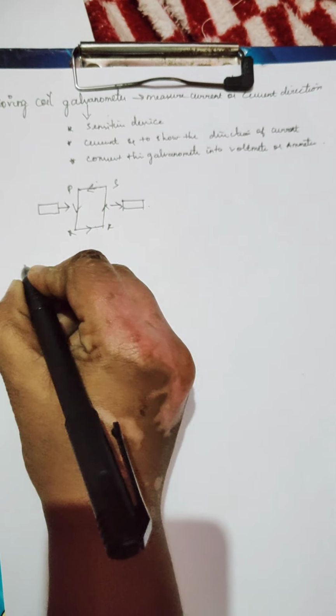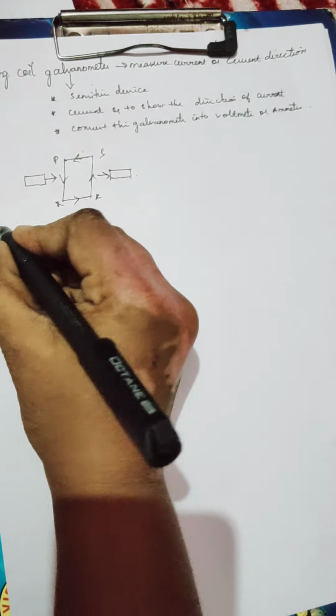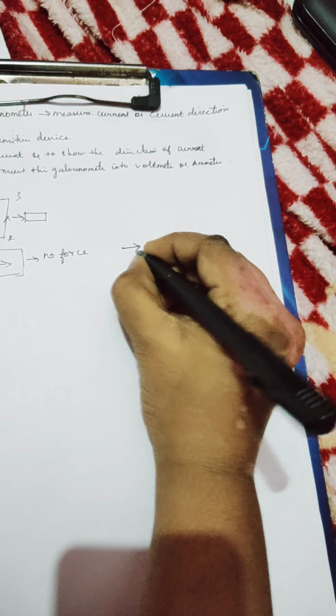I have the bar magnet in this way, P and Q are also like this, and the magnetic field is also like this. So this is fully parallel, so no force will be created.